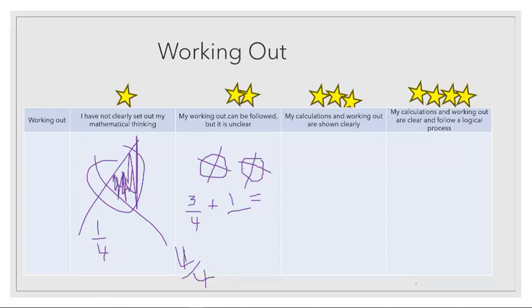And it's not really well set out, and it's not clearly demonstrating that you actually understand what you're doing. Next bit: my calculation and working out are shown clearly.